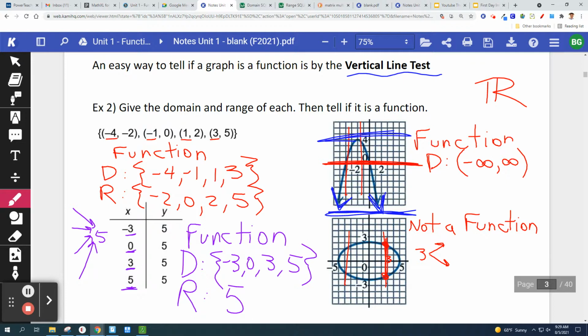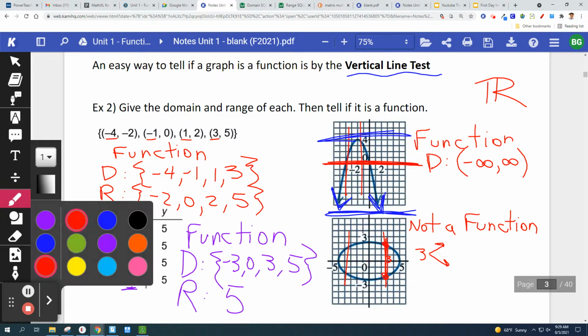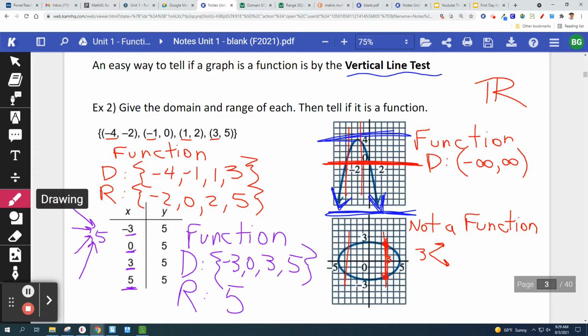For the range, I know I'm getting messy here. For the range, I'm going to squish it onto y. I'm only going to look at the y numbers. And you can see that that thing tops out here at +4, but it goes on forever down to -infinity. And so this range, we typically write it from least to greatest.